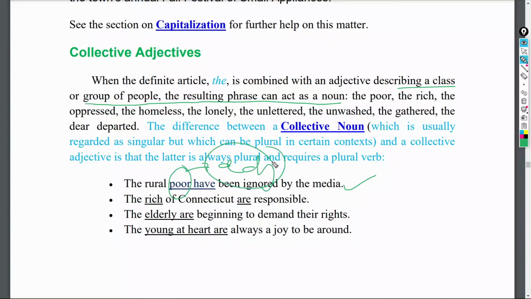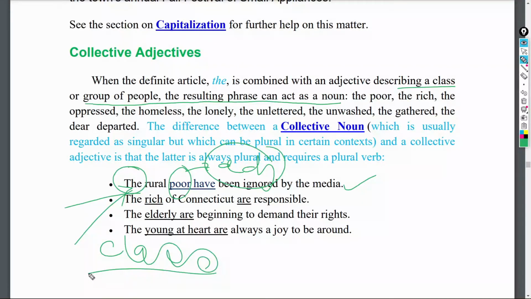तो अभी देखिए, जब हम ग्रुप का बात करेंगे, है ना, द देने के बाद ये क्या होता है? क्लास, है ना. It talks about the class of the poor people, means all the poor people, generalizing of the poor people. तो वो क्या होता है?